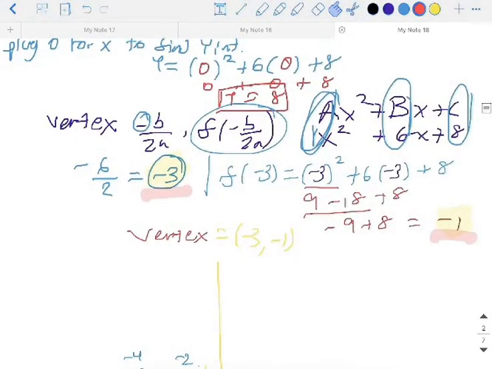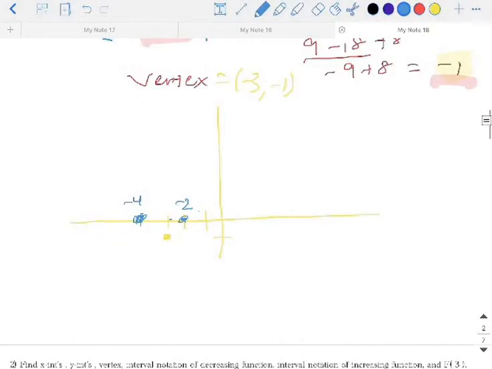The y-intercept is at 8. So that is this point right here. So we will need to go 8 units up, 4, 5, 6, 7, 8. And now we can make our line, or in this case, a parabola.